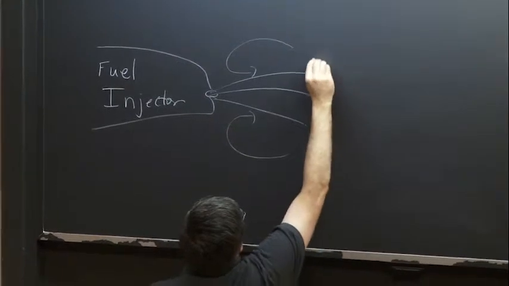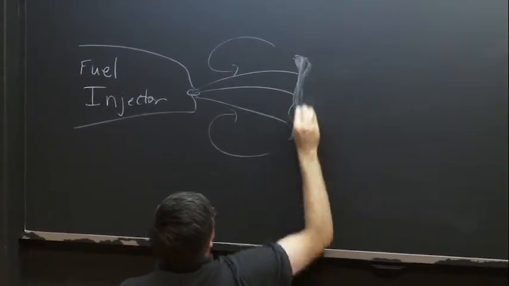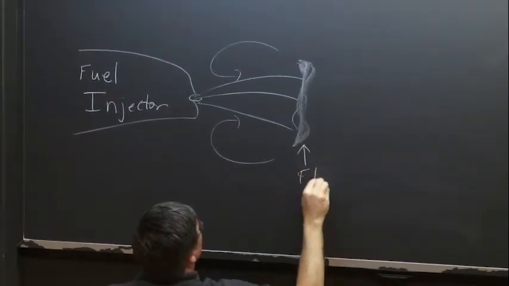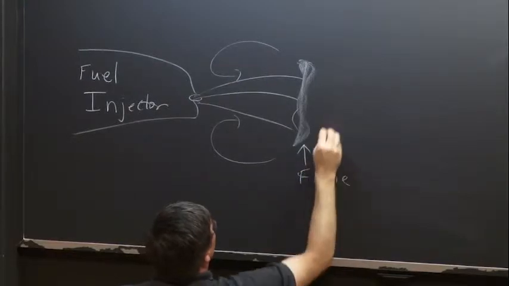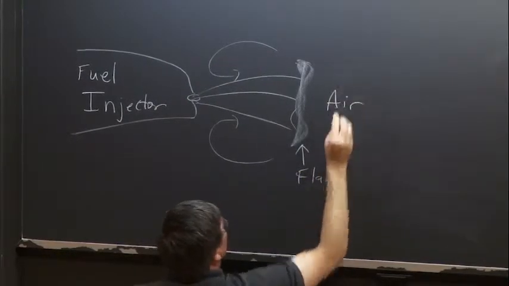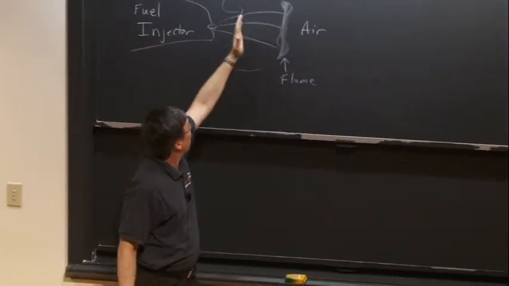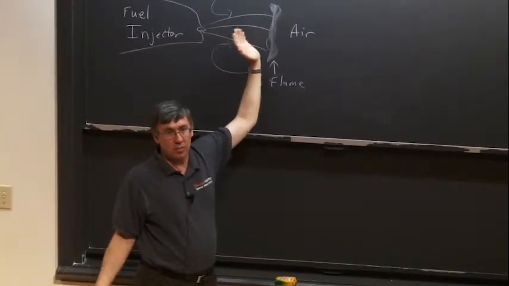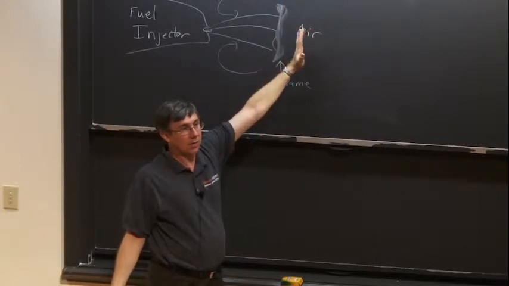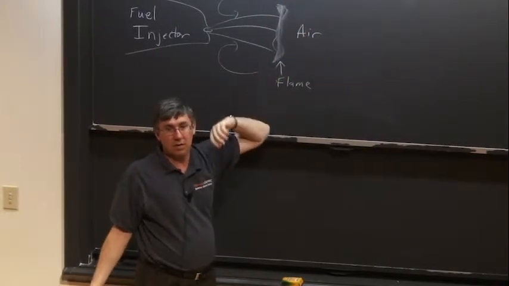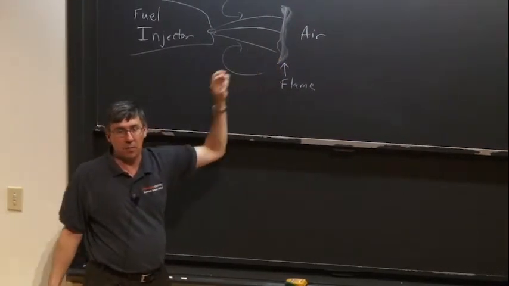And somewhere over here is a flame, and over here is air. So you have a flame where on one side of the flame it's basically fuel, possibly a little bit of air. On the other side is basically air. So this is a very common configuration.